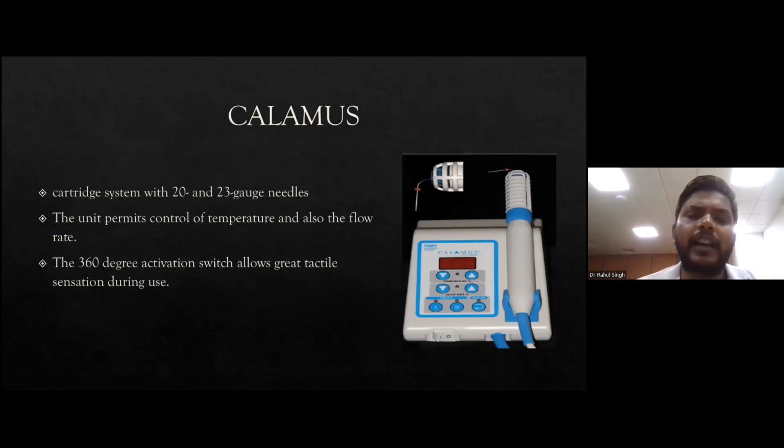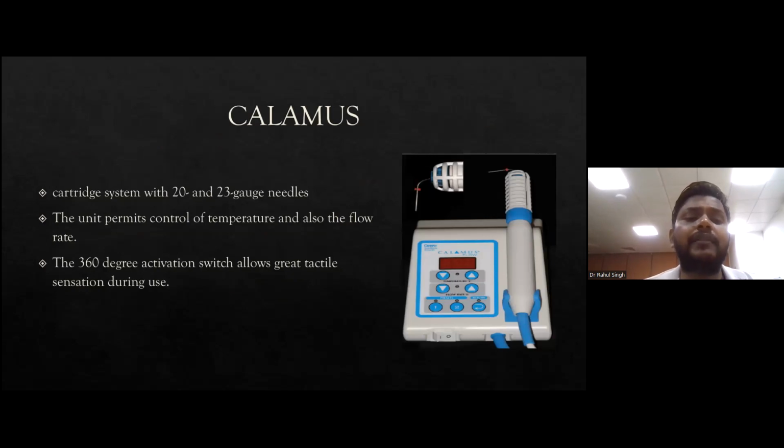Coming on to Calamus. Calamus is a similar thermoplastic injection technique, in which a cartridge system with 20 or 23 gauge needles is used. This unit also permits control of temperature, and the flow rate is also controlled.